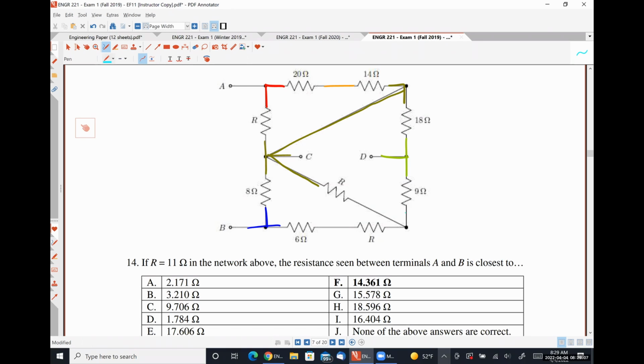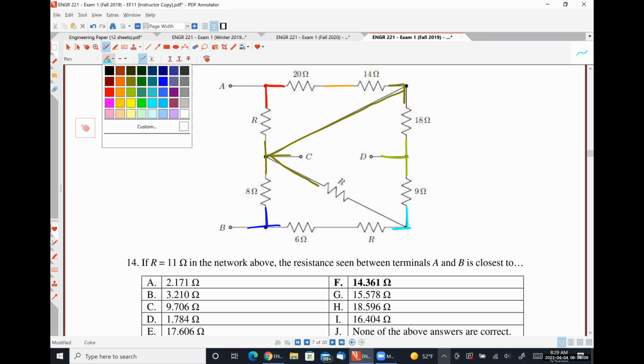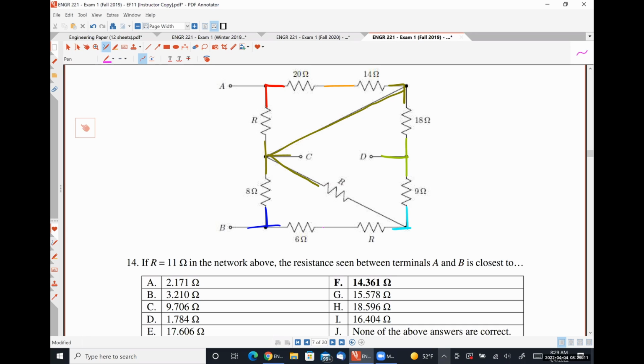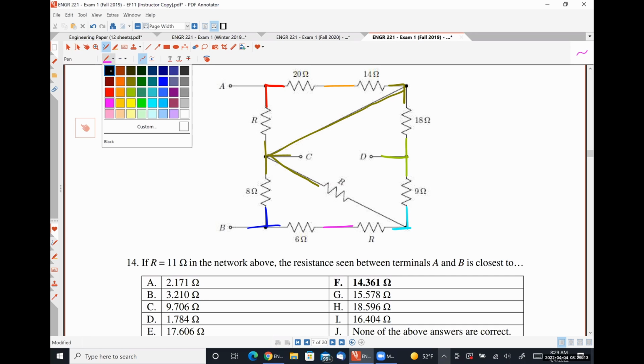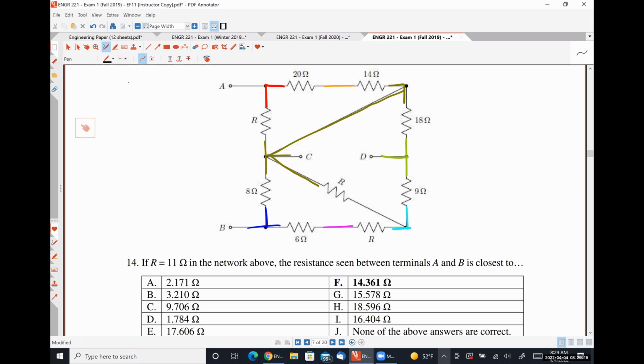All right, so A, B, C, and D are all taken. So let's call this guy E. This guy up here is still C. This guy here is still D. Let's call this guy F. This guy G. This one is obviously A. This one is B. This one is C.